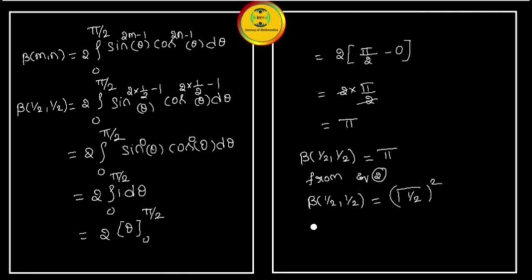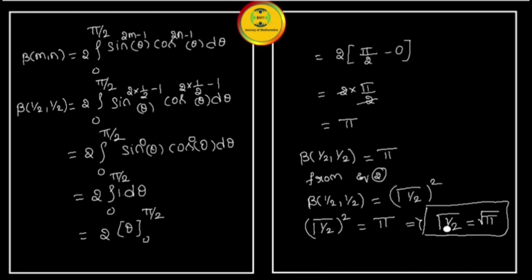So that means gamma of 1 by 2 whole square is equal to the value of beta of 1 by 2 comma 1 by 2, which is pi. So if I send the square to the right hand side, we'll get root pi. Finally we got gamma of 1 by 2 is equal to root pi.